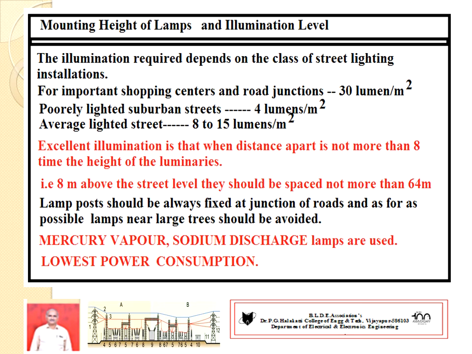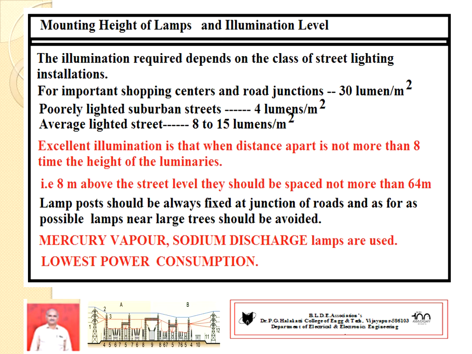Then you give some importance to the mounting height of lamps and level of illumination. The illumination required for this type of lighting system depends upon the class of street light installations.